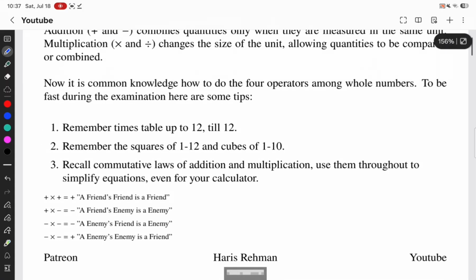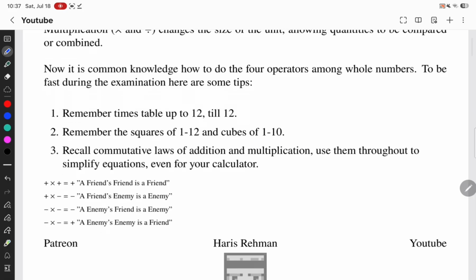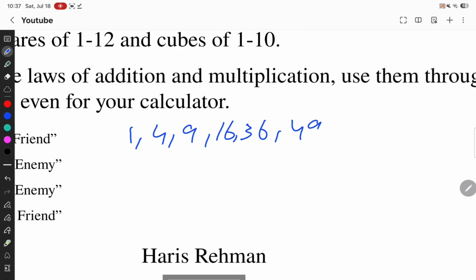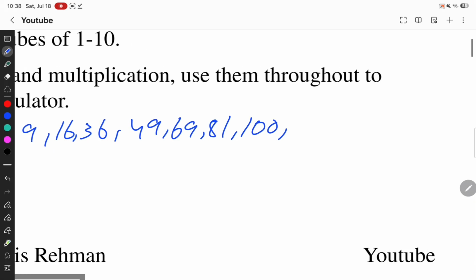Remember the squares of 1 to 12 and cubes of 1 to 10. What are they? 1, 4, 9, 16, 25, 36, 49, 64, 81, 100, 121, 144.